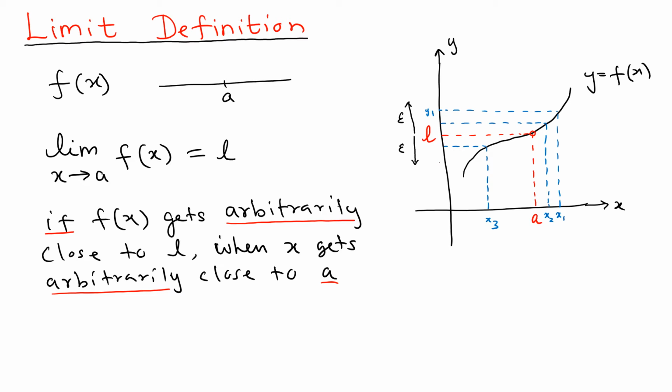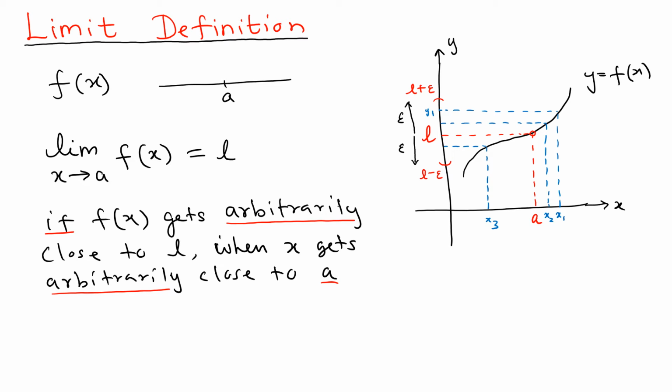There are ending values. Going down, this is L minus epsilon, and going up, this is L plus epsilon. This epsilon can be any small value, so it can be very small.